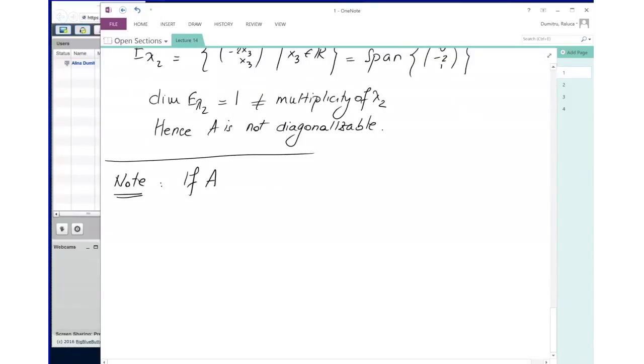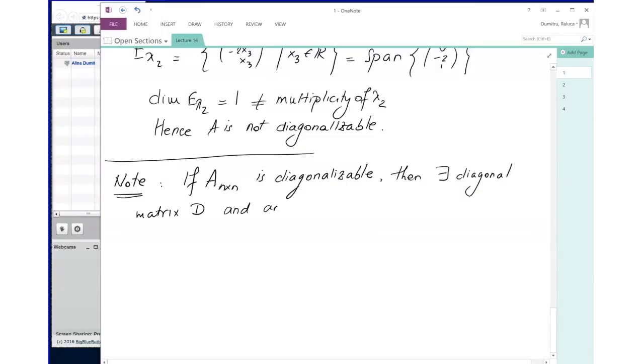If a matrix or an operator, but let's just look at the matrix, n by n, is diagonalizable, then there exists a diagonal matrix D, still n by n, everything will be n by n here, and an invertible matrix Q such that A equals Q times D times Q inverse. And that's what we defined before to be similar, right?